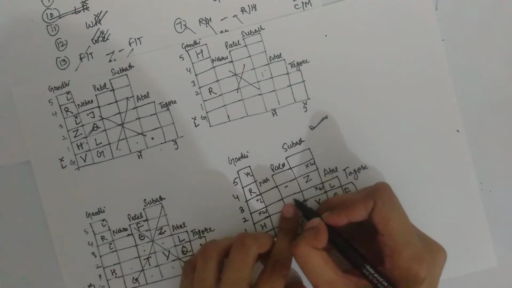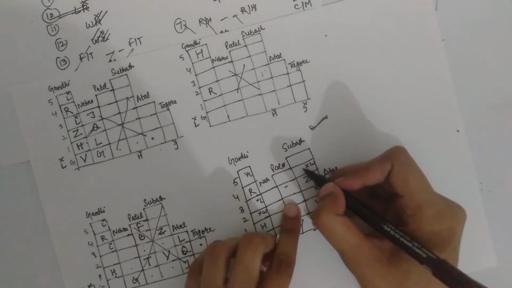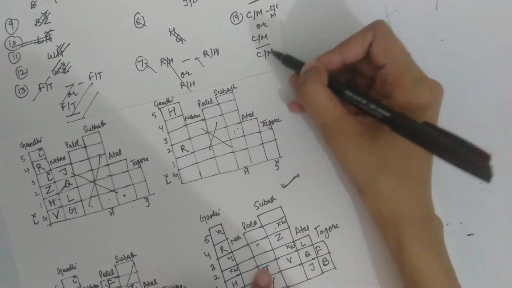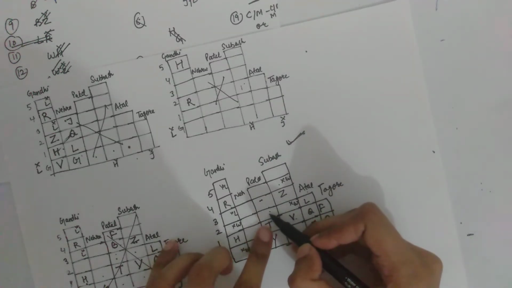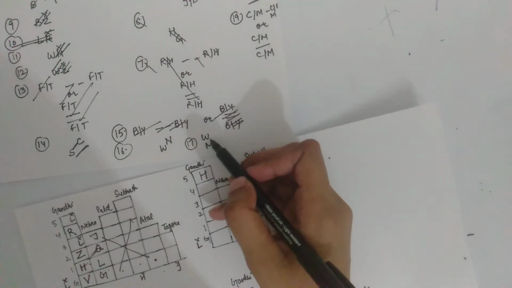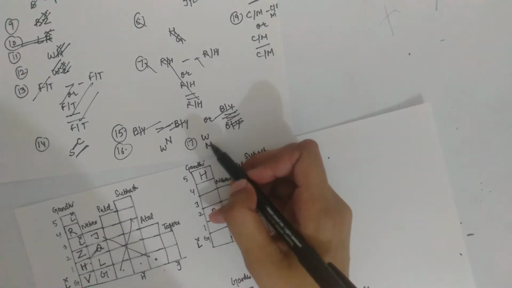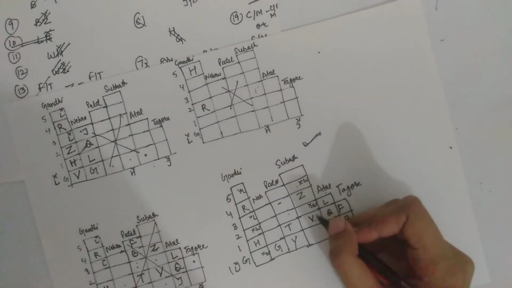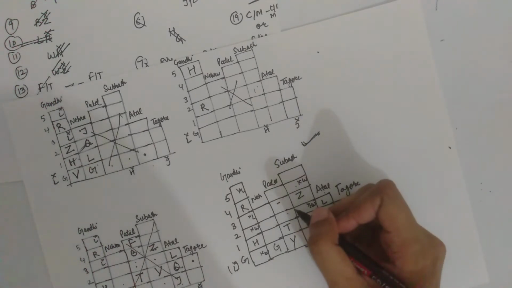If we place S here, C will come here and C and M have 1 place between them. So if S will be here, there will be M, but we want 1 place. M will be immediately below W, but there is no place to place M. So this case we can't write.